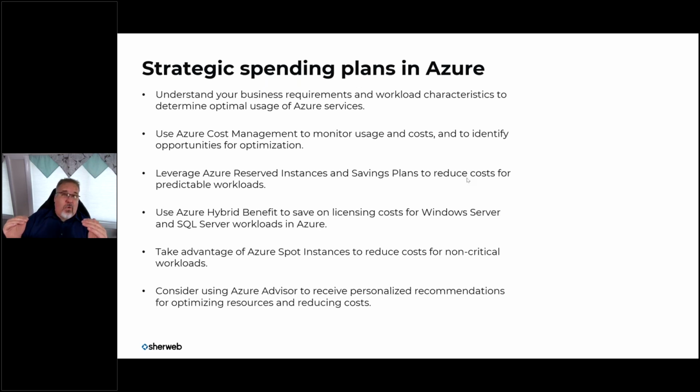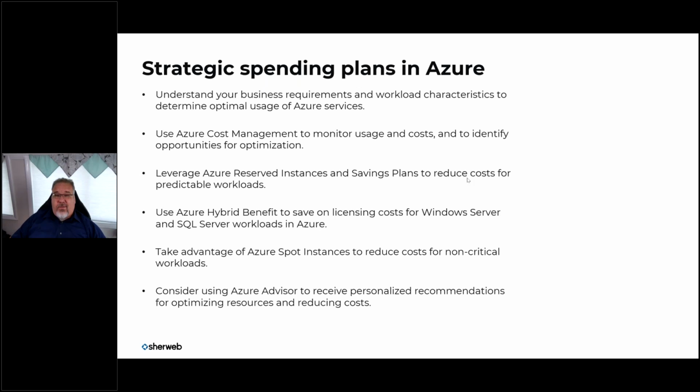So that's more of an unpredictable workload where you can still reduce cost. Azure Hybrid Benefit to save on licensing costs: if you've got Azure reserved instances, then you could get Windows subscription licensing through AHB and deploy that on the server to reduce cost.